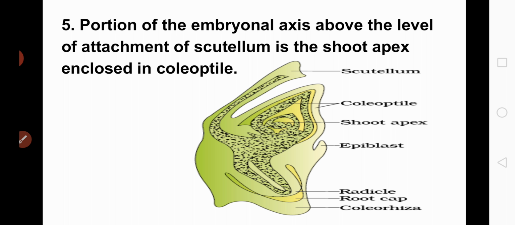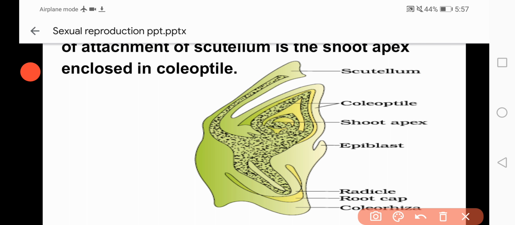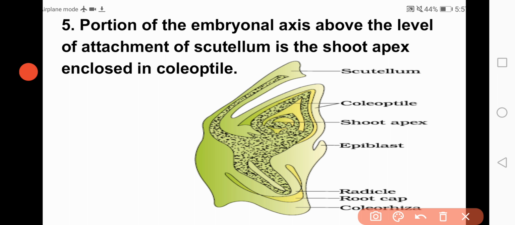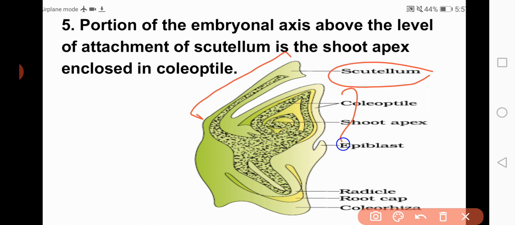So this monocot embryo has got two parts, embryonal axis and a single cotyledon, and the cotyledon in this monocot is called as scutellum, and this scutellum is situated lateral to the embryonal axis. So this entire portion forms the embryonal axis.